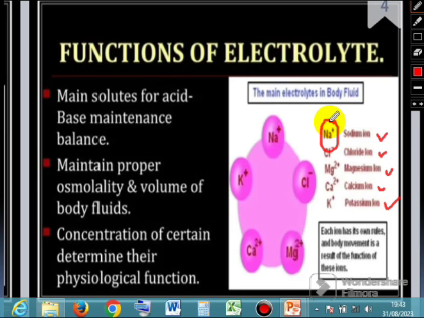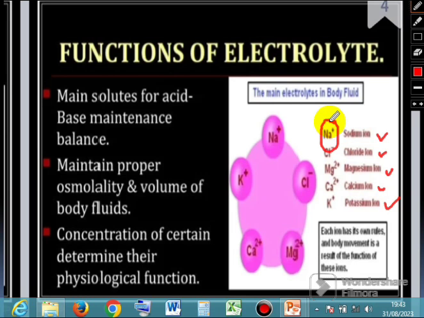Do you have any other function? Good. Fantastic. Propagation of action potential. That is still contraction of muscle.